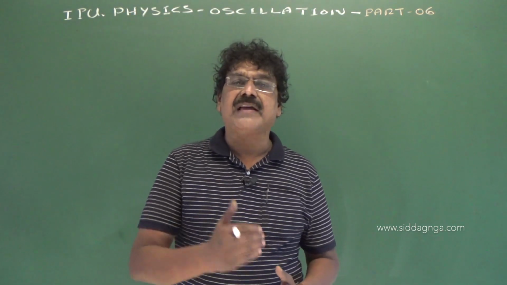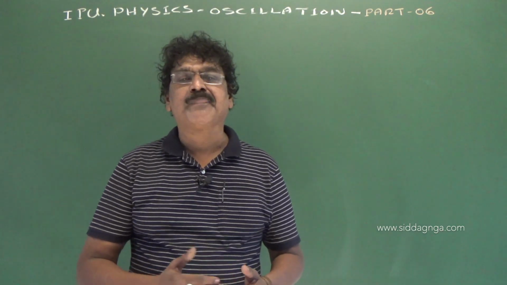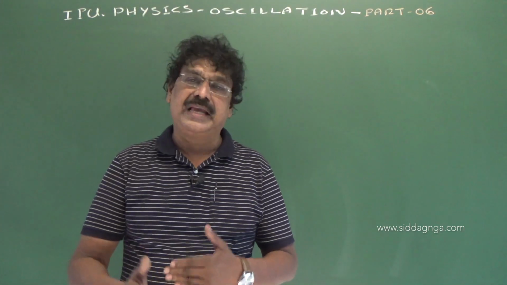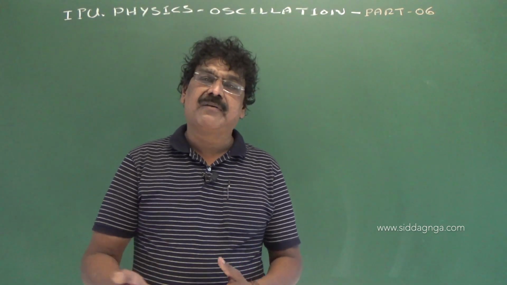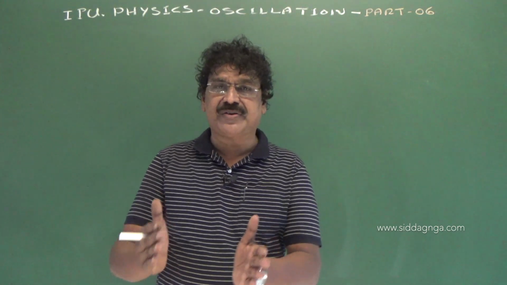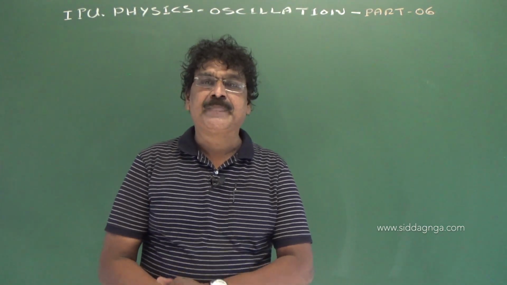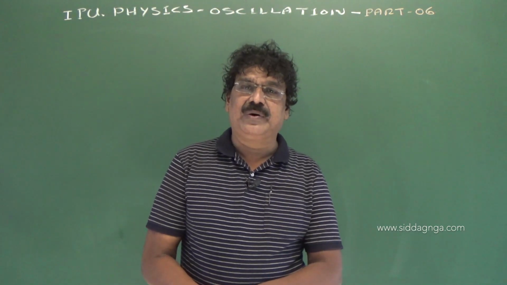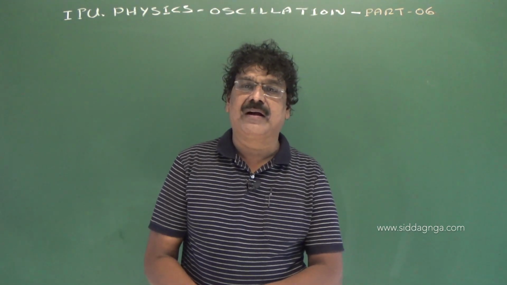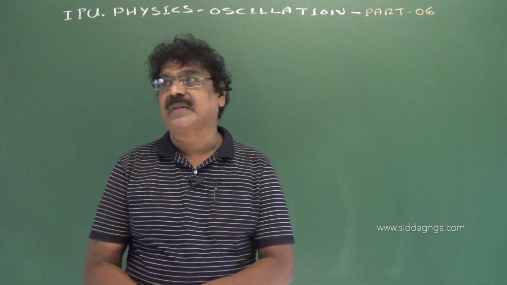That initial angular displacement is called initial phase or epoch. In terms of epoch, the displacement equation changes slightly. That becomes y is equal to a sin(omega t plus phi naught).